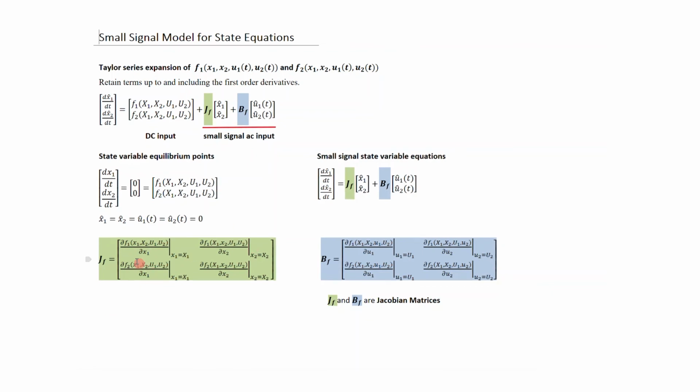You'll notice that these elements of the matrix have to be computed at the equilibrium point. So you can see that this term involves x1 equals capital X1. Well, we didn't know x1 until we had actually solved these equations. Similarly, we didn't know x2 until we had solved these equations. So that more or less is the procedure for determining the small signal model.